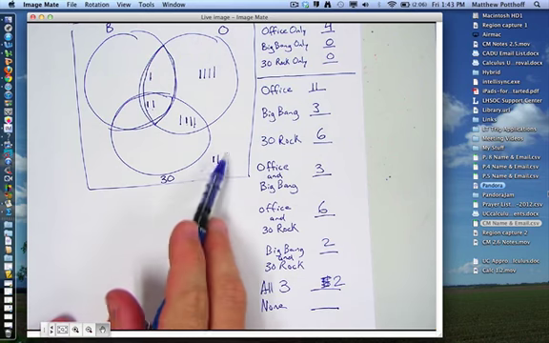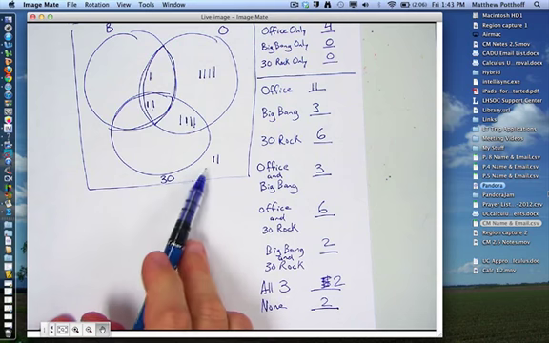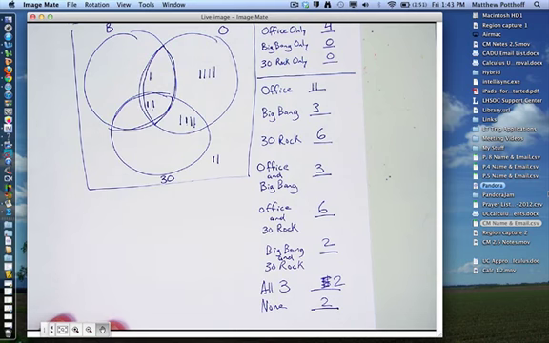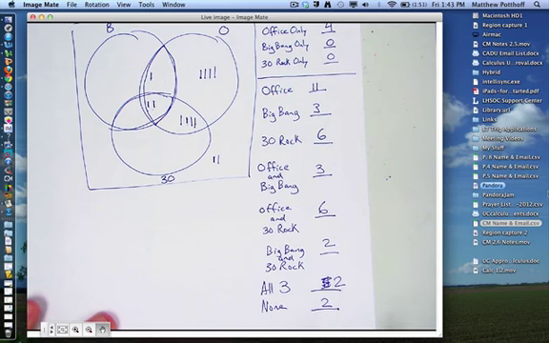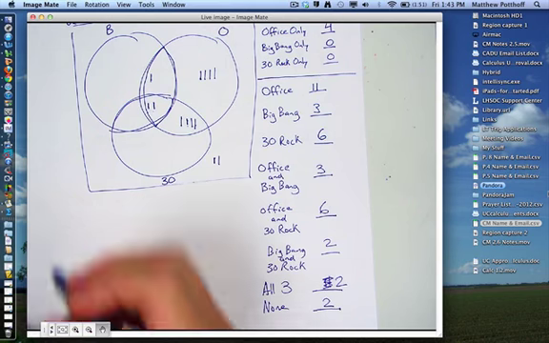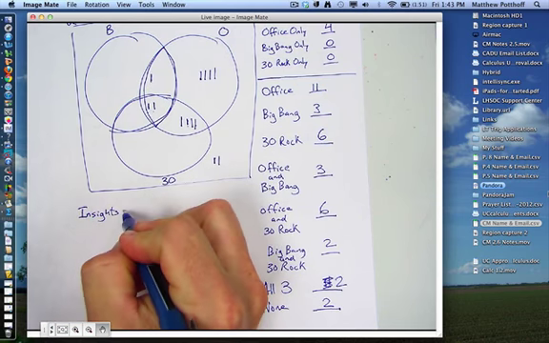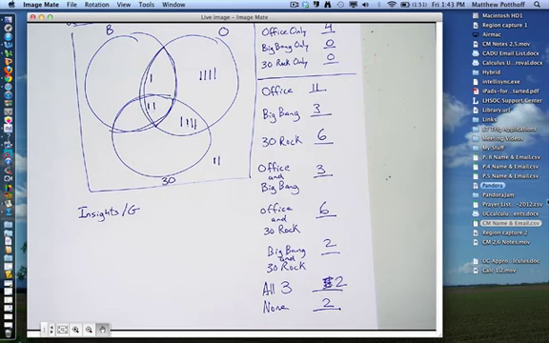And so that's going to be identified right here in region 8. Okay, so 2 people don't watch any of the shows. Now the last thing you're going to want to do before you can start writing your project is come up with some insights or generalizations about the class.